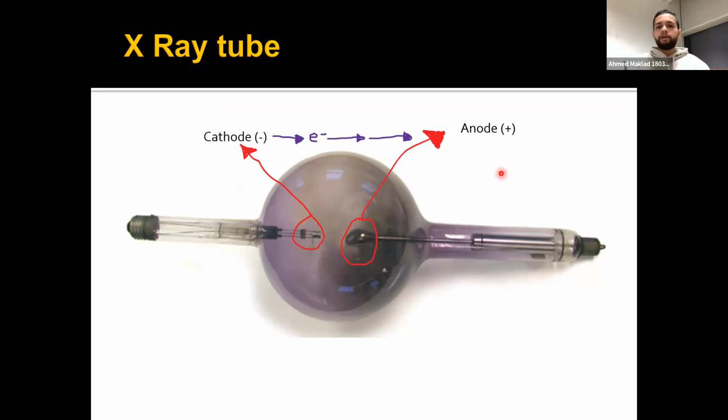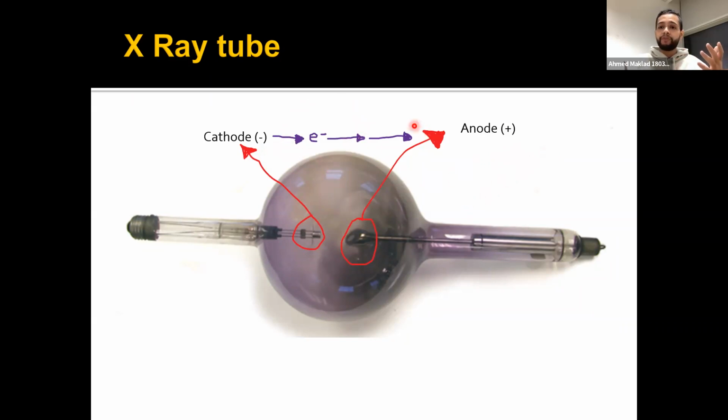Now what happens is there's a current, a voltage. You supply it with energy, with electricity. The cathode will heat up and release electrons. We know that electrons are negatively charged, and that the anode is positively charged.